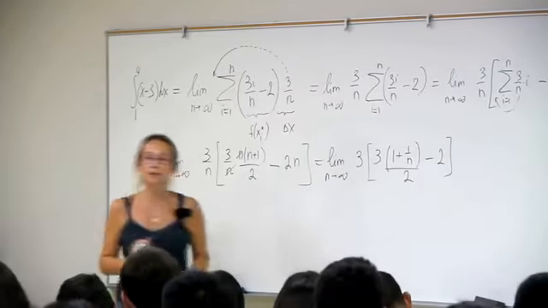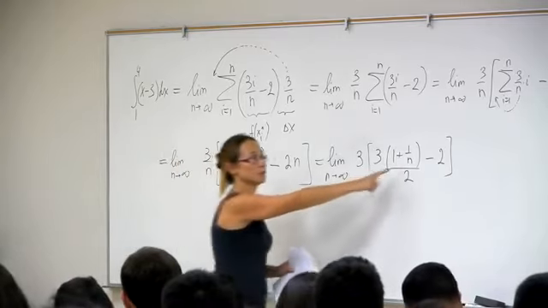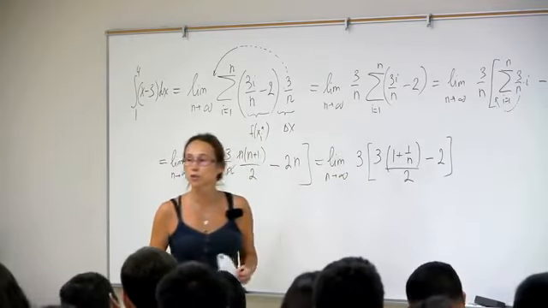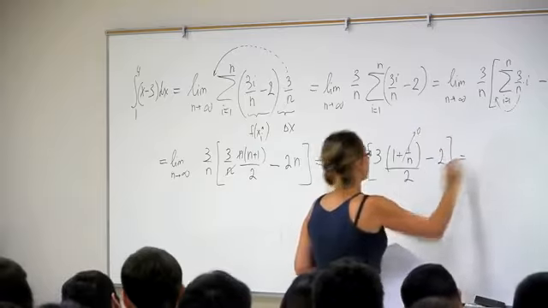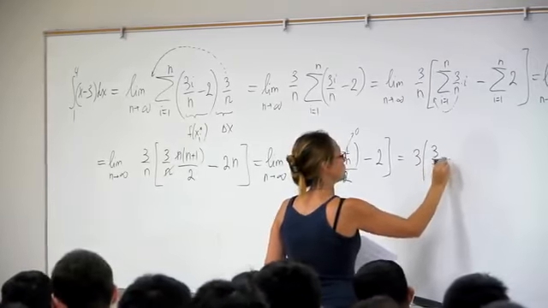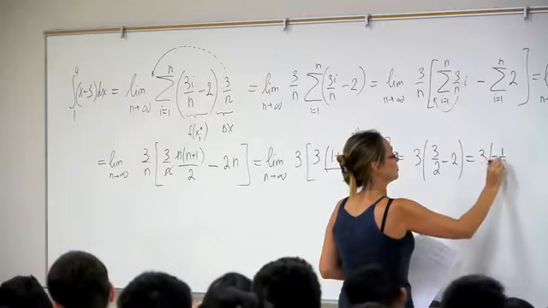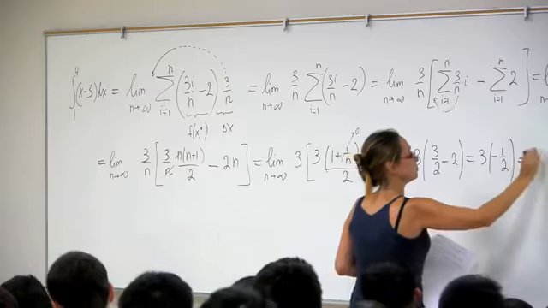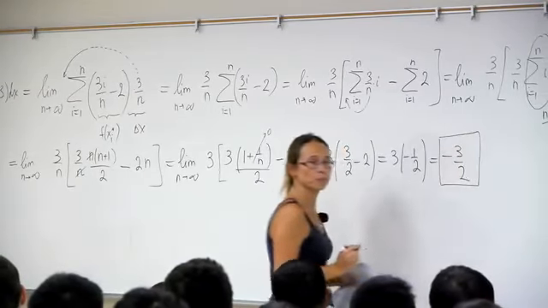And now I can take the limit. I do this in order to take the limit. Now the limit is easy, because 1 over n goes to 0 as n becomes large. So this is 0. So I have 3 times 3 halves minus 2. So this is the answer I get.